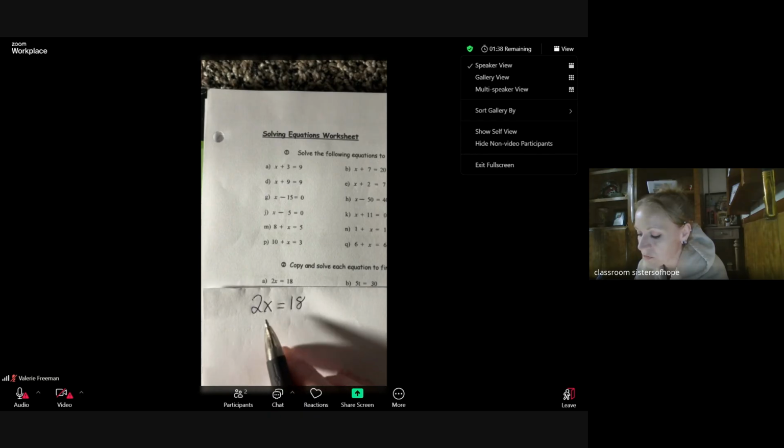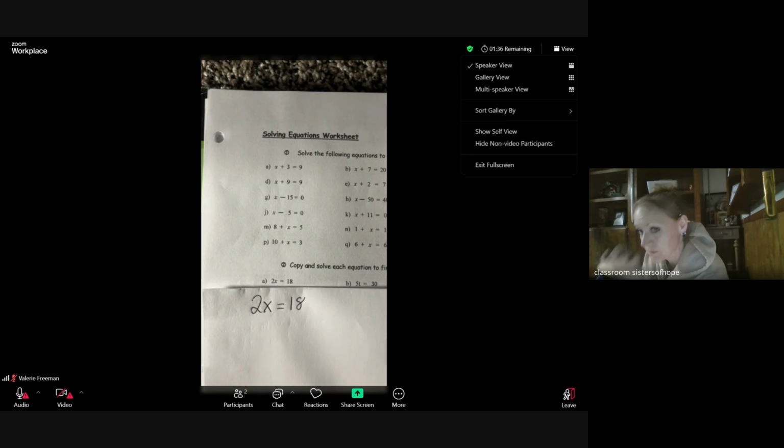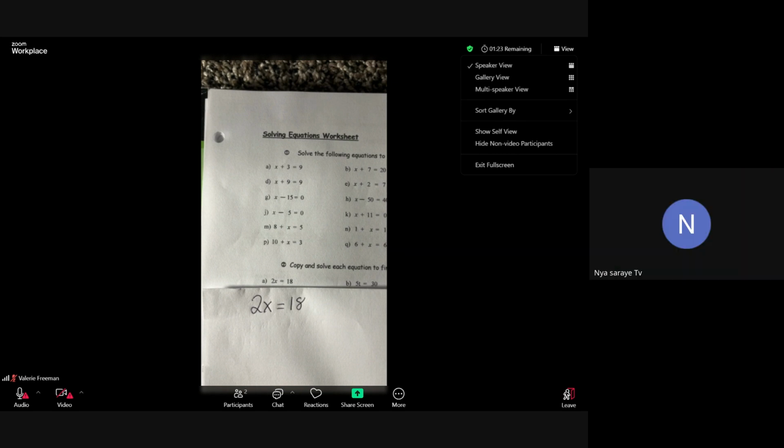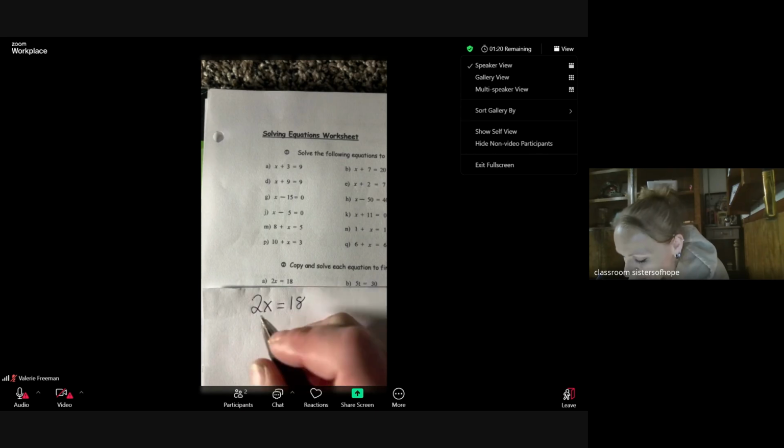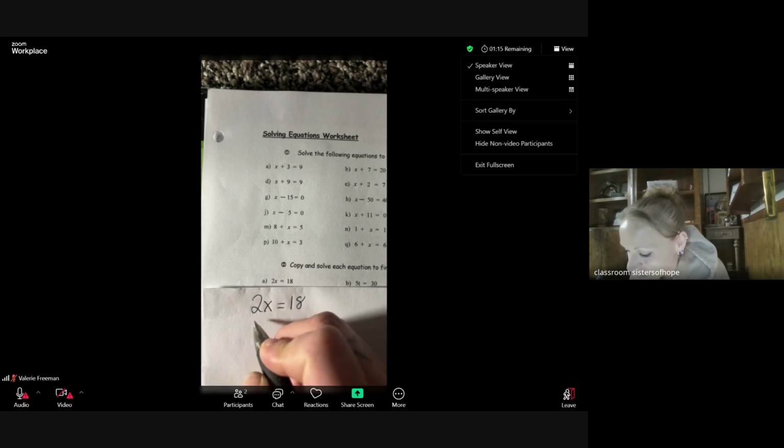Do you remember what operation that represents? Is it addition, subtraction, multiplication, or division? Multiply. That's it. Thank you, ma'am. I appreciate it. All right, so the 2x is going to be 2 times x equals 18.